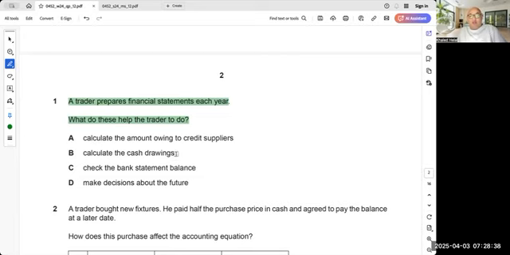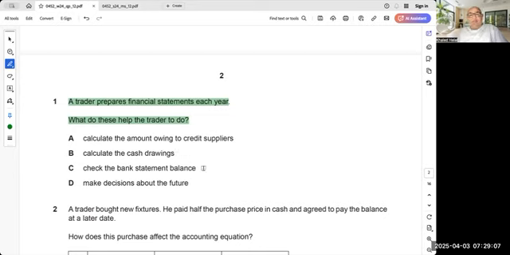Option B: calculate the cash drawings. Drawings are taken out of the capital for own purposes, or goods for own use. We don't prepare financial statements only to find out the cash drawings from the business, and that will show on the owner's equity statement as well.